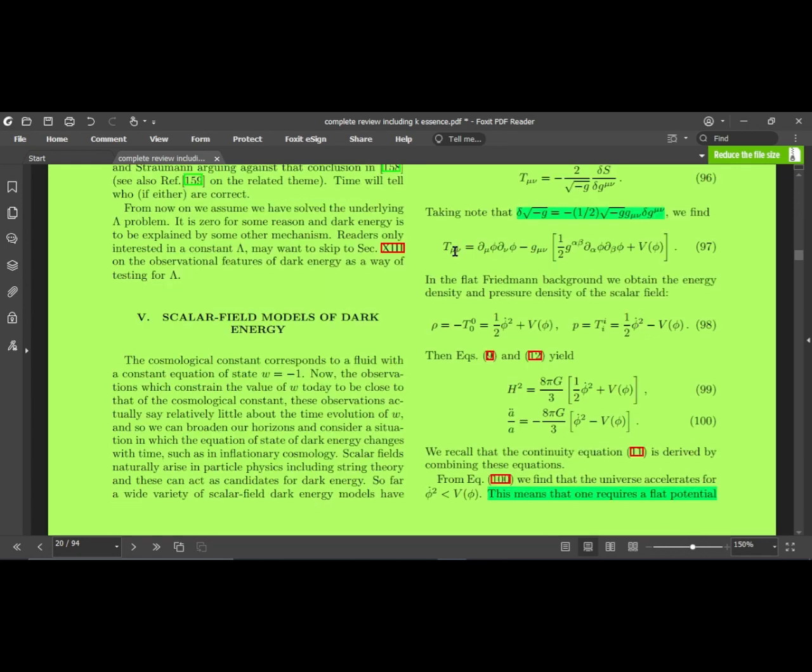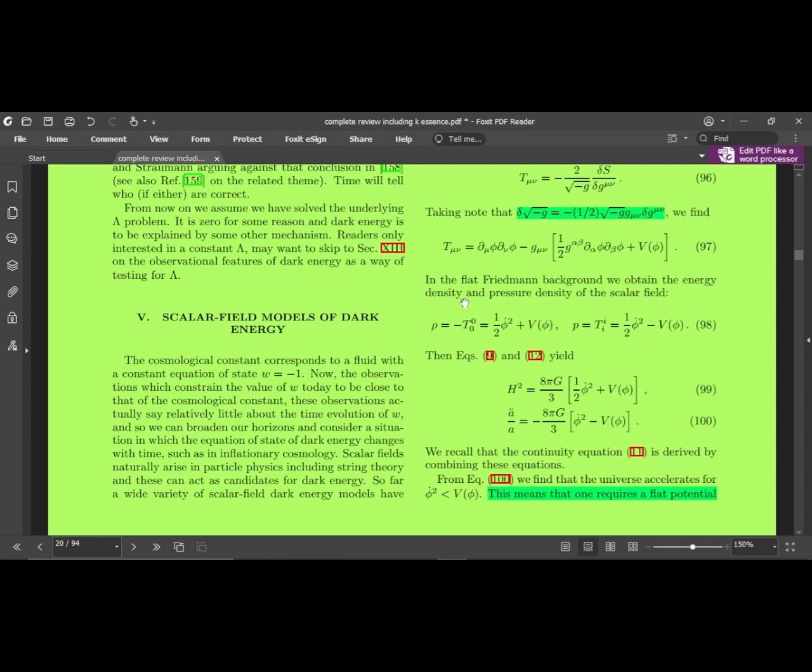Now T mu nu is defined as d mu phi d nu phi minus g mu nu times half g alpha beta, where this metric is contracted with the derivatives of phi, plus V of phi. So from here, if you take the 0 0 component, it will give you only rho.